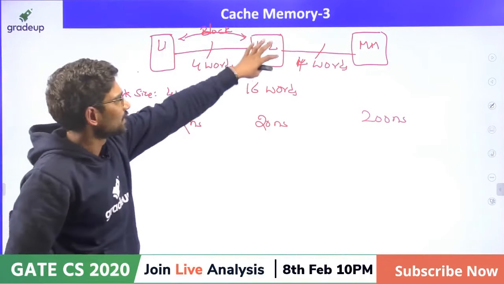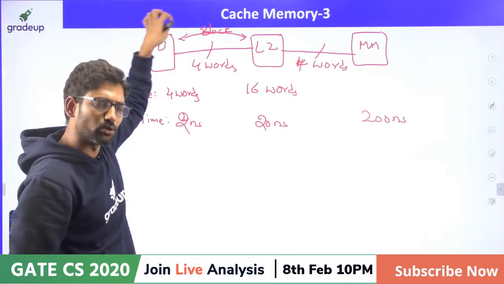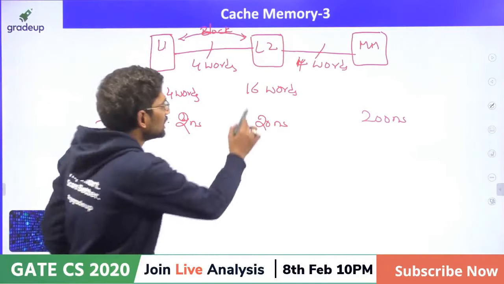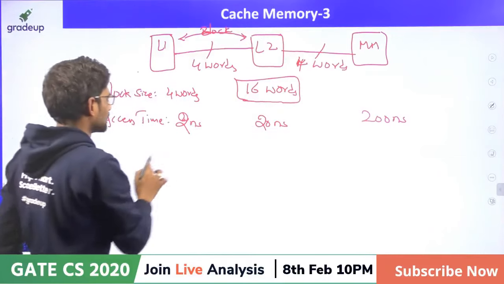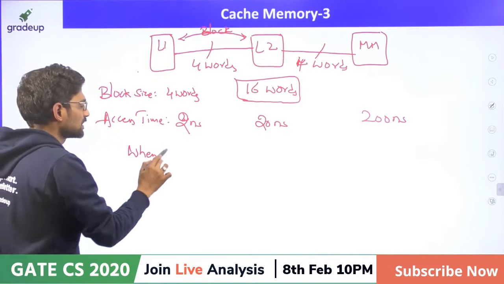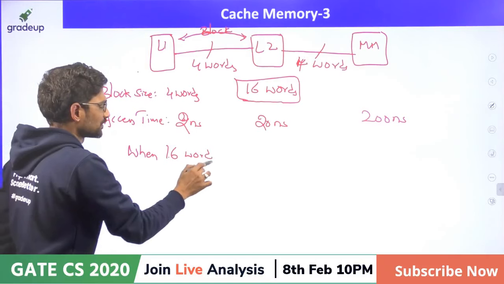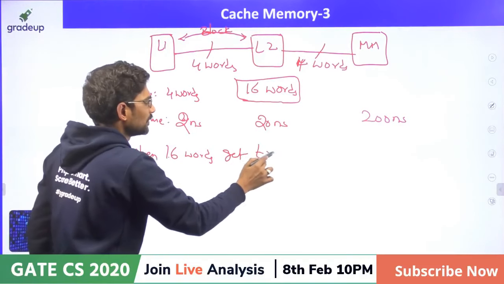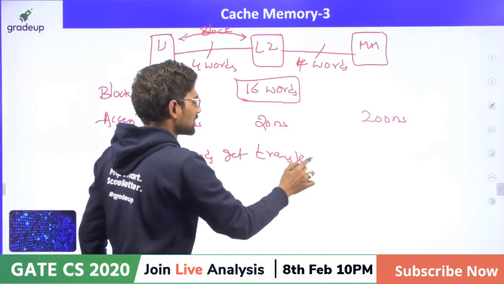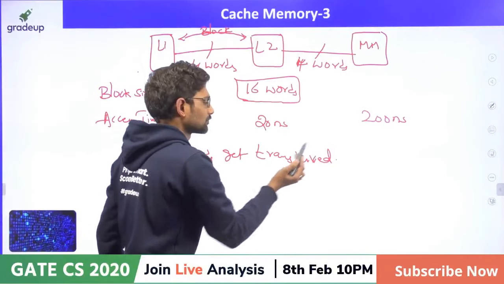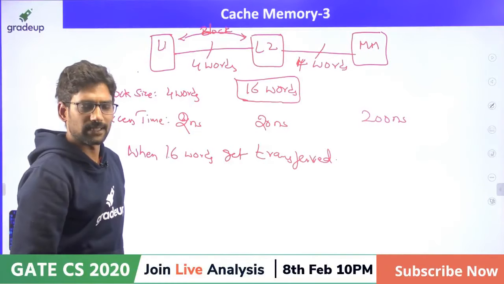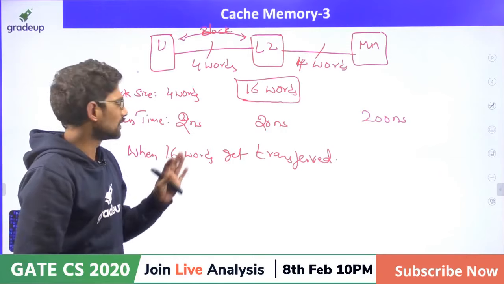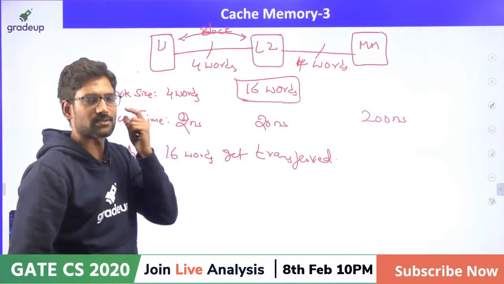When we say a block is transferred from L2 to L1, it means 16 words are transferred. So when 16 words get transferred, then we say a block is transferred.